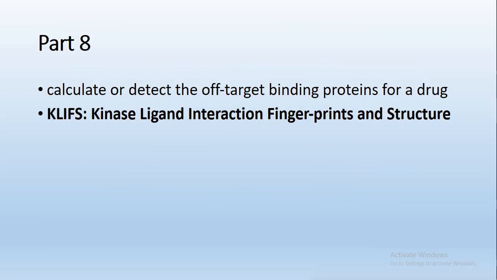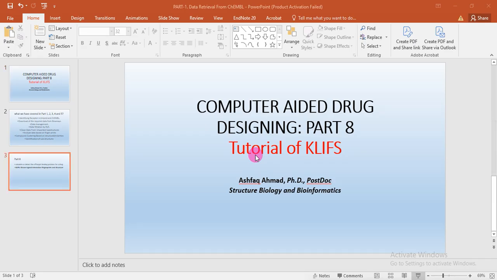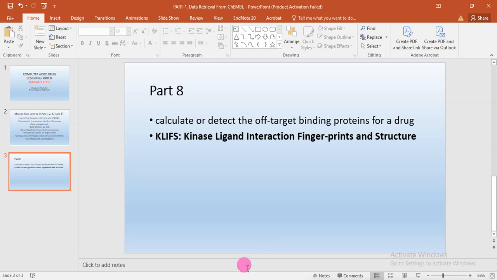In part 7 we covered how to calculate off-target binding proteins for a drug. But today we will cover kinase ligand interaction, fingerprints and structure, what we call CLIFs. Okay, let's start.